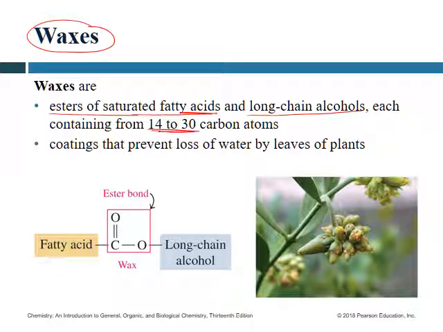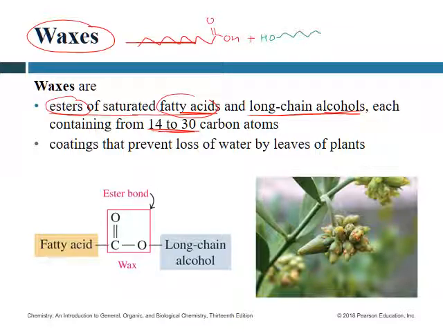So it says this is an ester. So why is this an ester? Because this is a fatty acid. What is a fatty acid? A fatty acid is a long carbon chain carboxylic acid, and it also says there is a long chain alcohol. If you have a long chain alcohol, this is alcohol OH, and then you have a long chain, right?